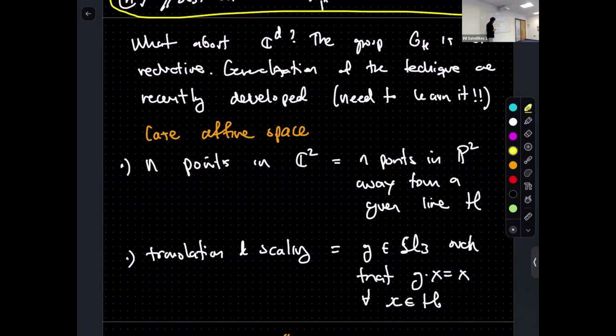And then for translation and scaling, I will have a subgroup of the projective transformations, the ones that fix this line pointwise, and then I have a scaling and translation. So basically, I can take the problem from C2 and transform it into a problem in P2. But I don't have SL3. The group here is a smaller group, a subgroup, not reductive.